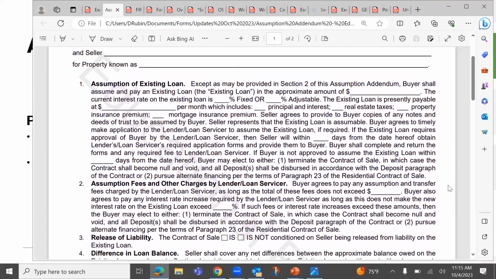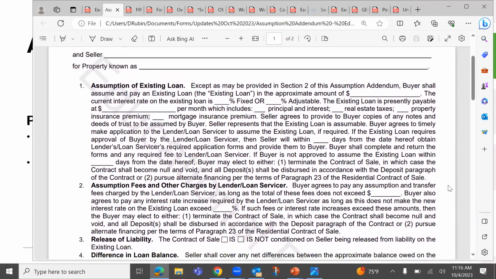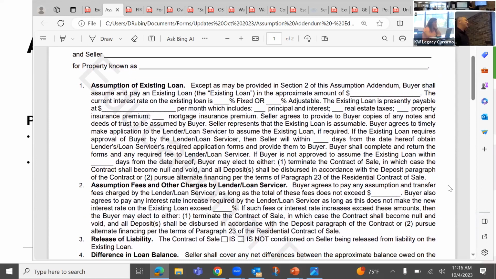Like the balance that's advertised is different than the actual? Exactly. That's my exact interpretation, Brianna, that you can't advertise that you only owe 200,000 if you actually owe 300,000, right? So then you've materially misrepresented what you owe, and the seller is responsible for the difference.